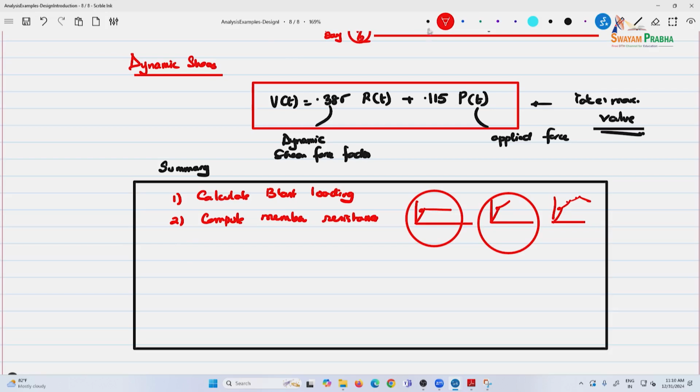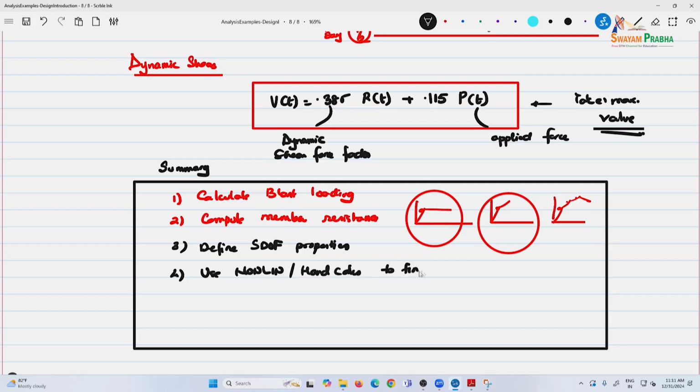Then the third step was to define the SDOF properties. Then fourth was either use nonlinear or hand calcs to find delta max and delta static.